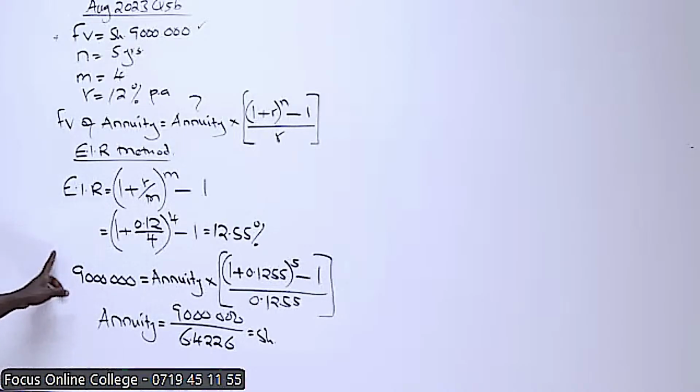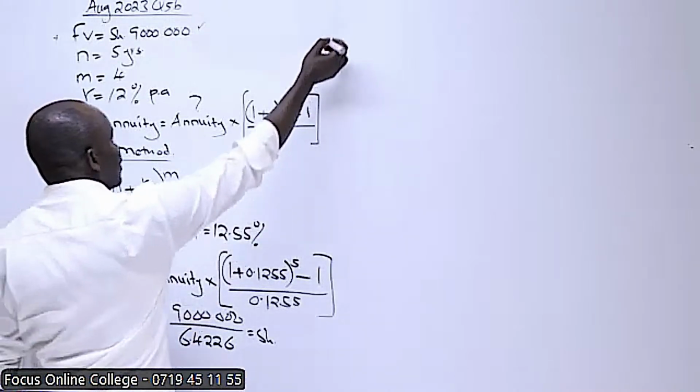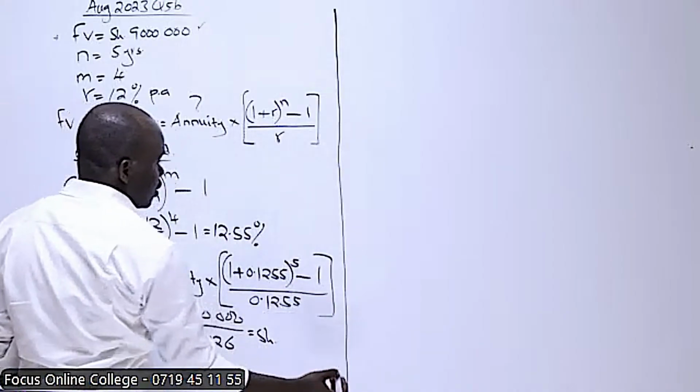Let's see. Something must be wrong somewhere. This one is for 5 years. Just a minute. We will compare. We will see where we are going wrong, if at all we are going wrong.